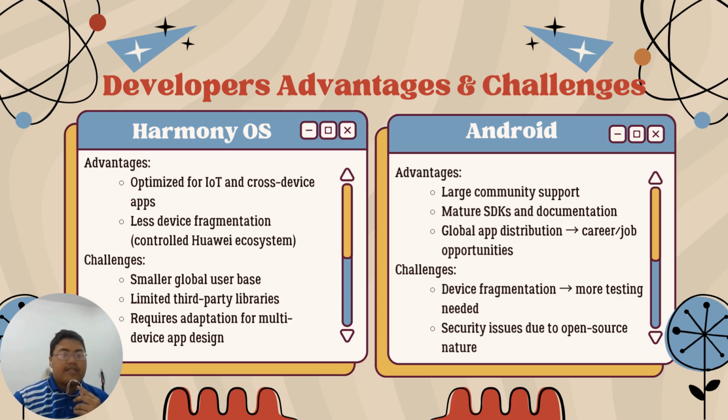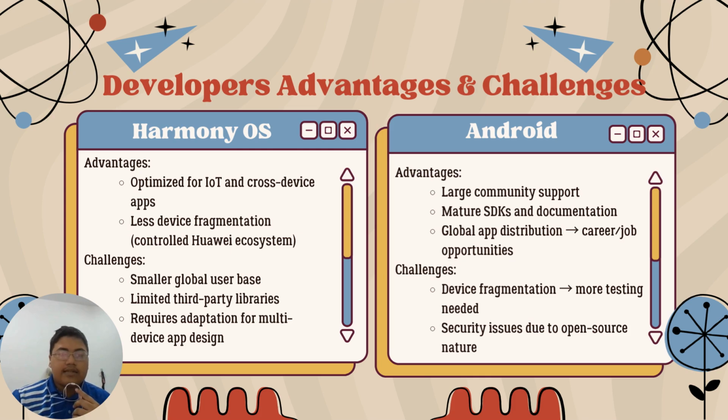developer advantages and challenges. From a developer perspective, both platforms have advantages and challenges. HarmonyOS is optimized for IoT and cross-device applications, and it has less device fragmentation due to the Huawei-controlled ecosystem.